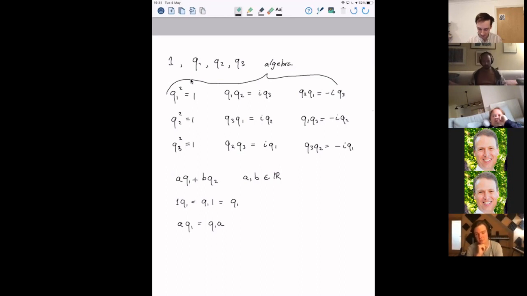And the claim is that all physical systems in reality are described by Q numbers. Not necessarily these Q numbers. This is a specific set of Q numbers. And there are many algebras that Q numbers can have. But all physical systems are described by Q numbers, by Q number descriptors.